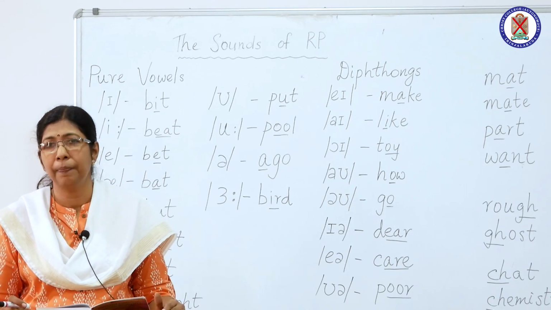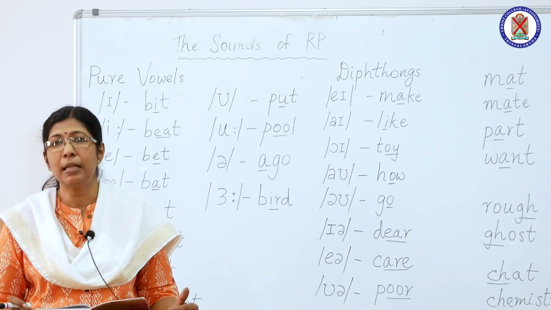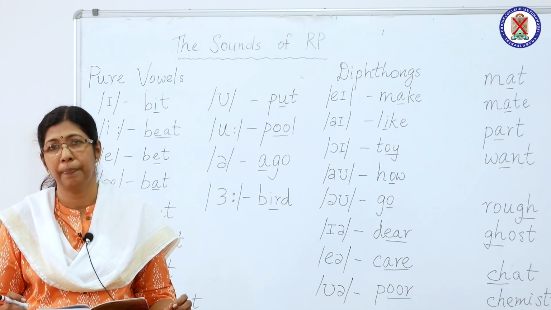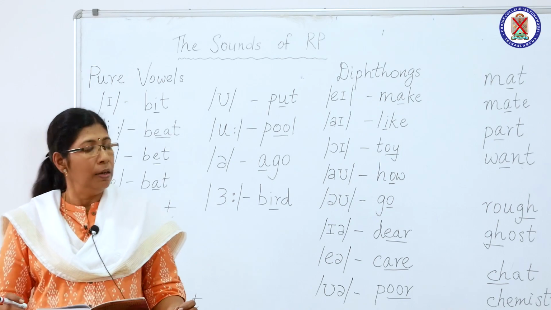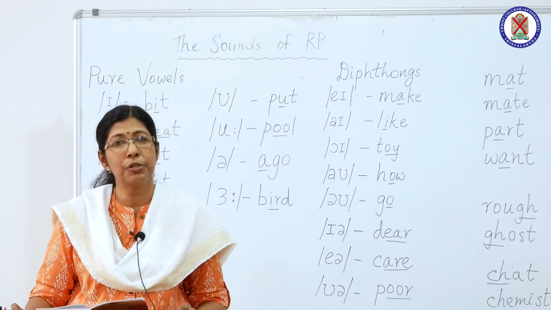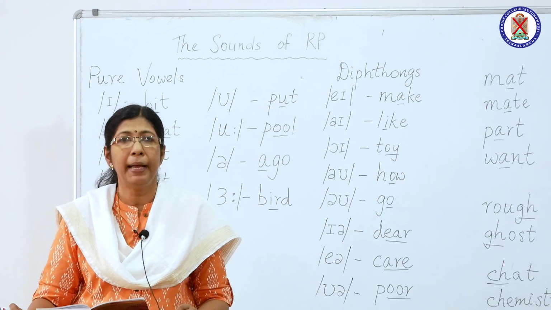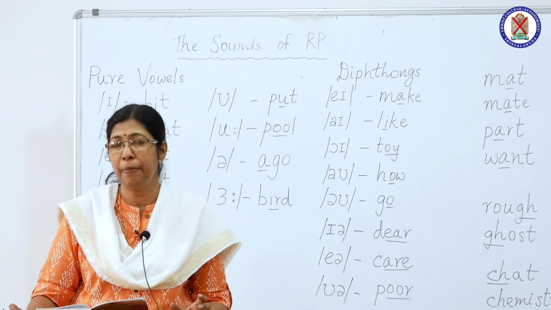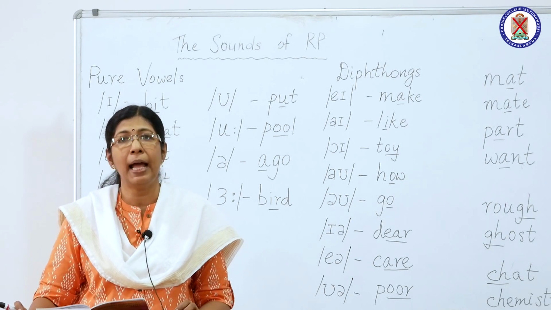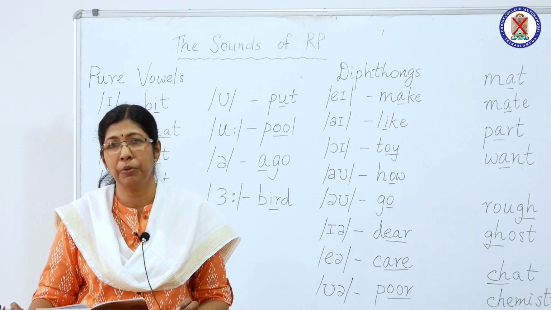Each language selects the sounds that it requires from these sounds. So the International Phonetic Association tried to solve this problem by devising this alphabet where one letter of the alphabet stands for only one sound.